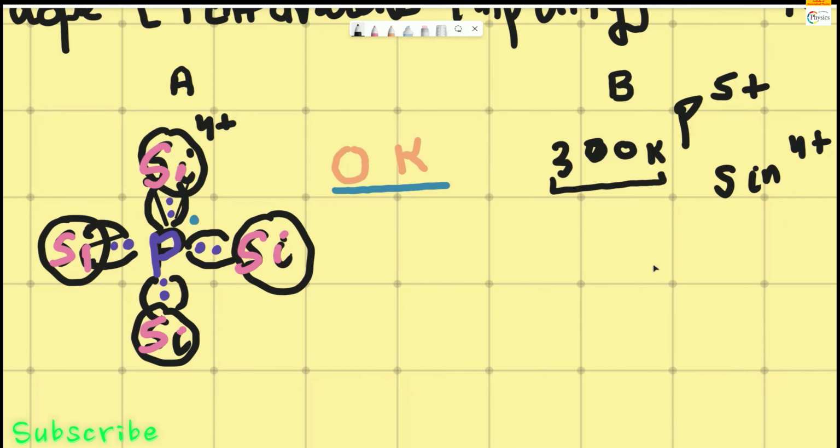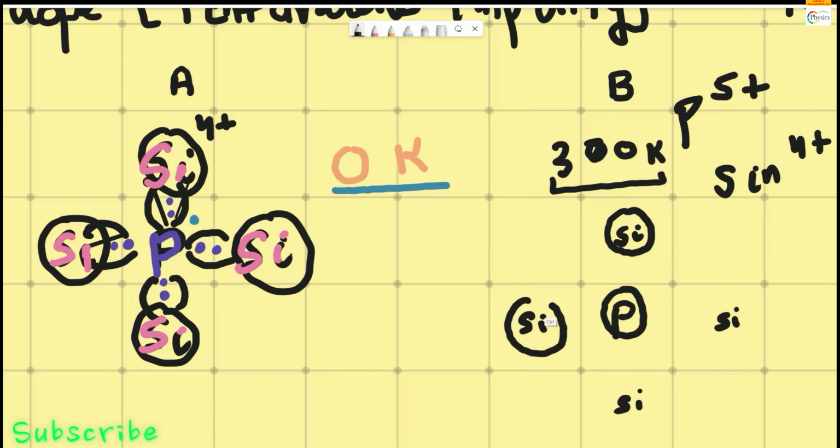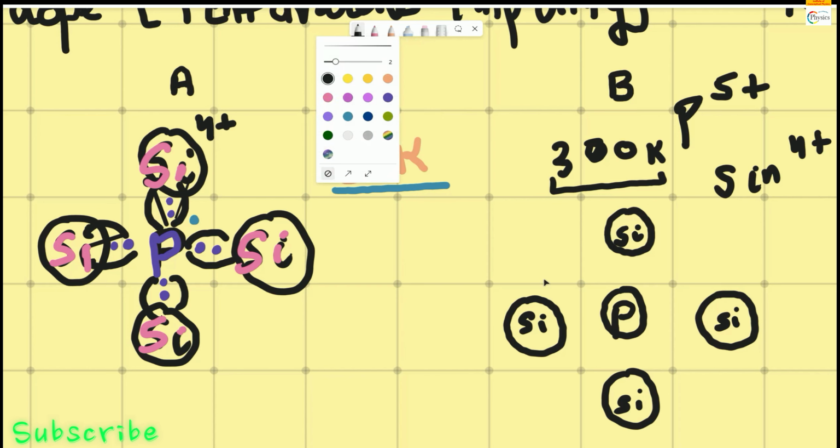So let me draw the diagram. This is my phosphorus again. This is my silicon, and silicon, and of course I will show you the bonds as usual. Nothing great about it.